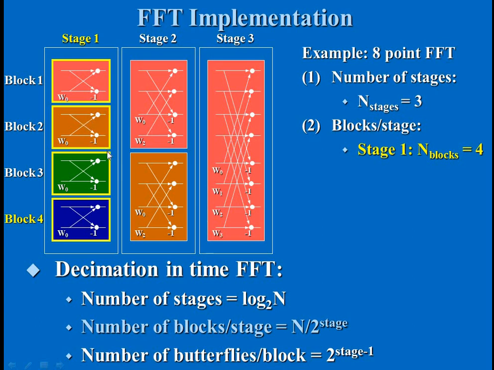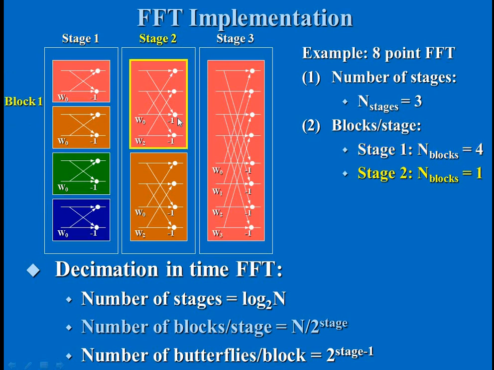So now we have split this n points into n by 2. In the second stage, again we are going to decimate by 2. So n by 2 will become n by 4. The value of n is 4 here. So n by 2 will become 2, right? So in the second stage we are having 2 blocks.